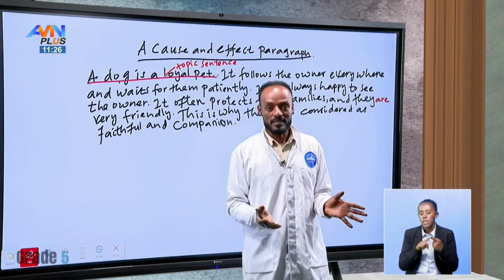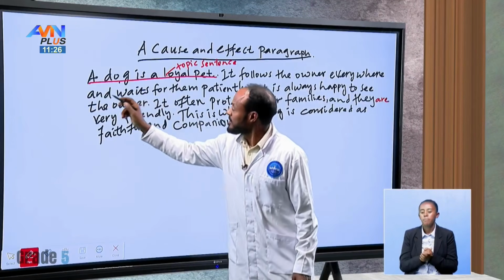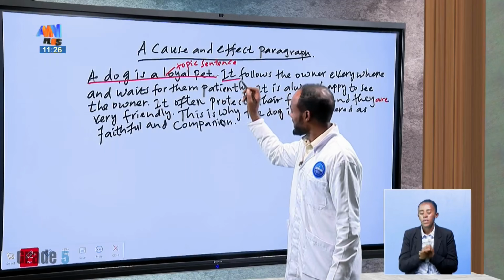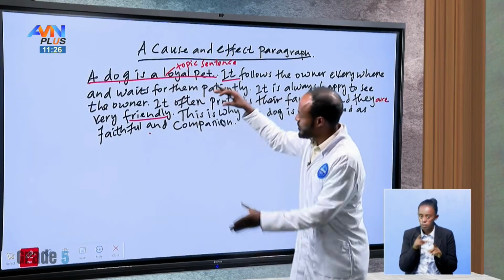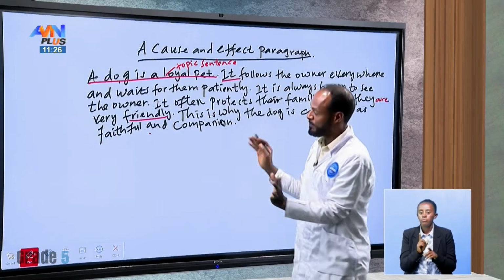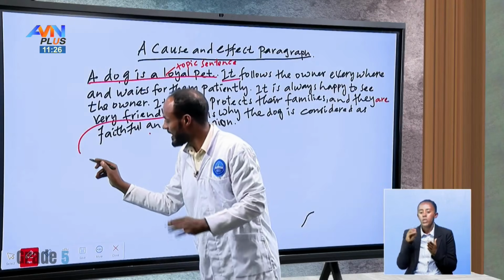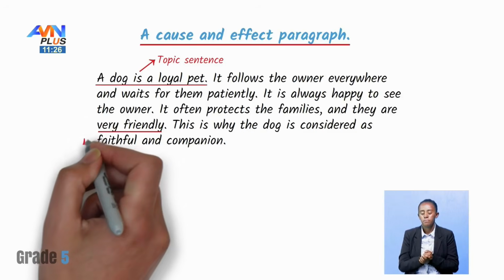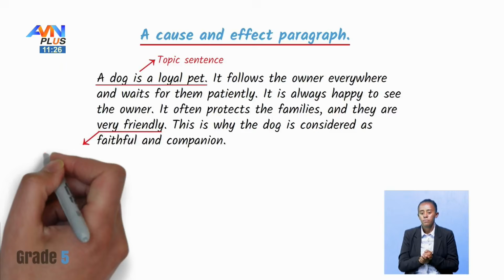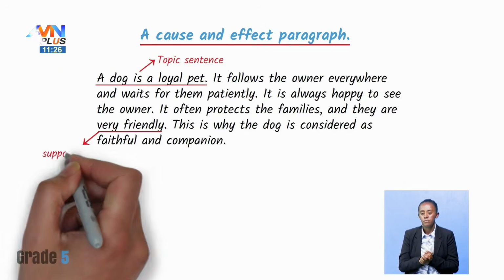So in these sentences, starting from it to friendly, the part which we wrote here is the body, or supporting sentences.